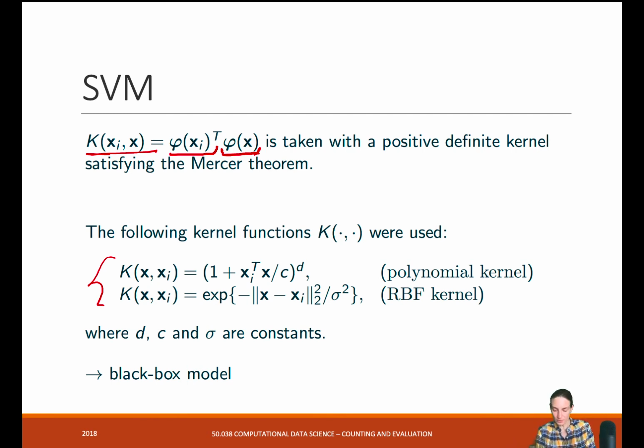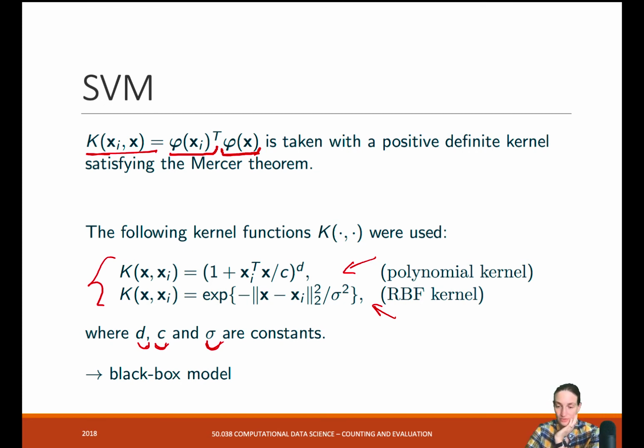Two popular ones here are the polynomial kernel and the RBF kernel, radial basis function. Again, in these kernel equations, we have a few constants that we need to set. So we have a lot of hyperparameters here to tune, and how we set them will determine our performance.